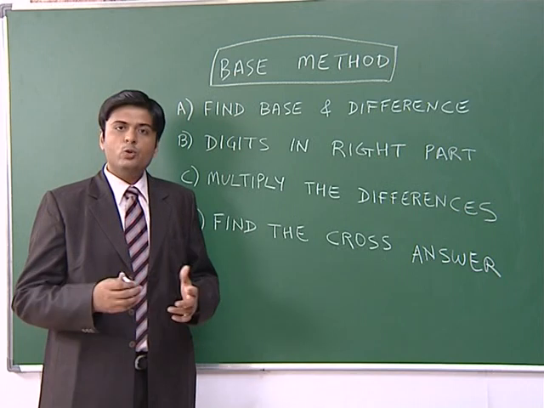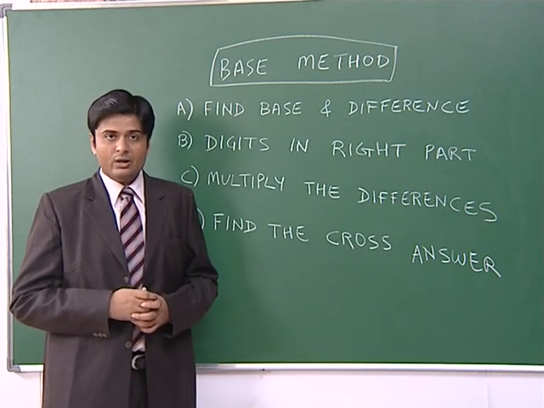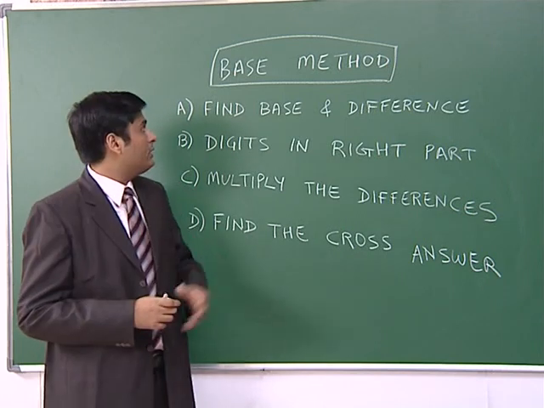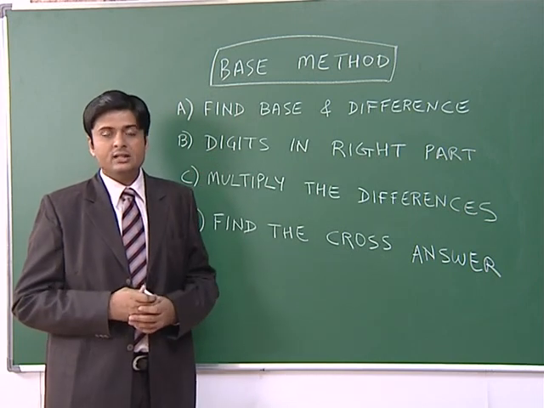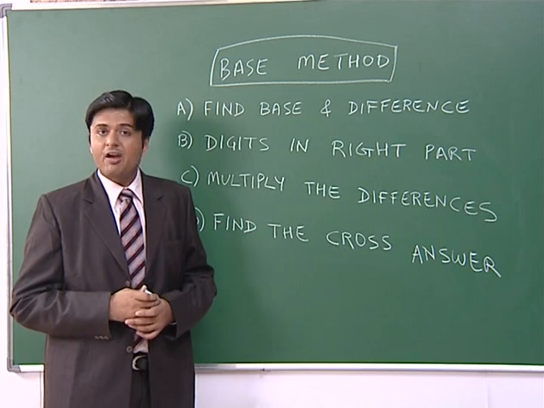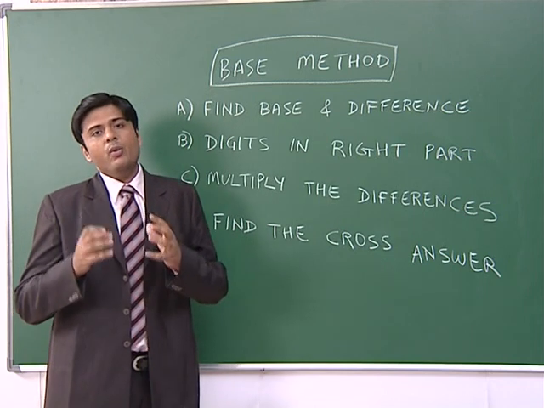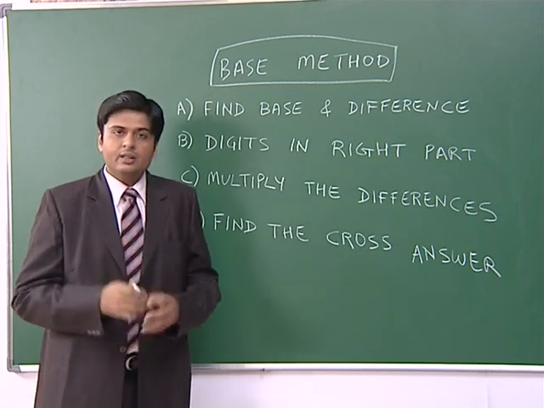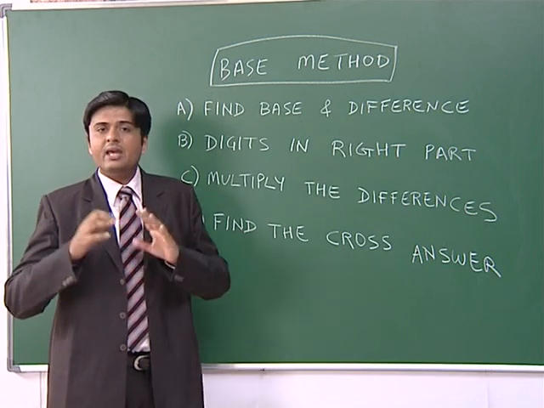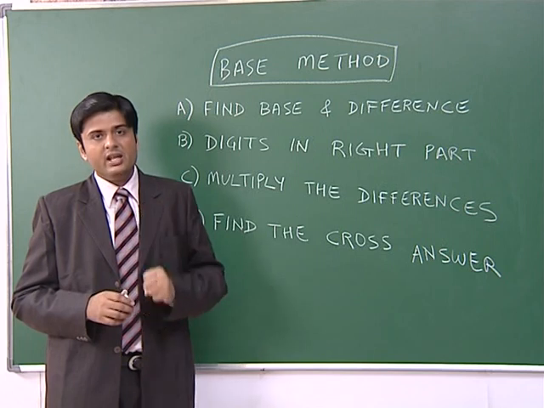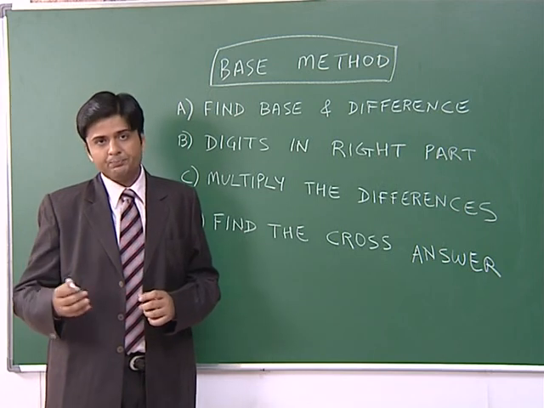Friends, we will now see another very powerful technique of Vedic maths, which is called the base method. This technique can be used for multiplication and squaring of numbers very fast. In the base method we use certain bases. These bases can be any numbers, but generally we use powers of 10.